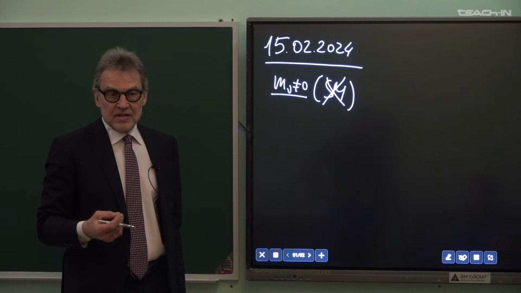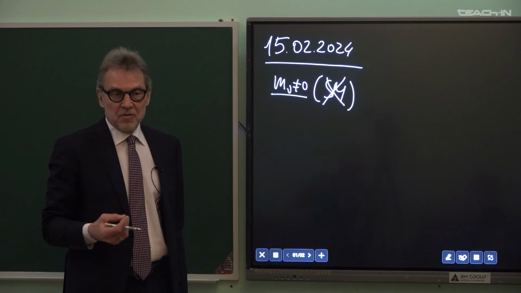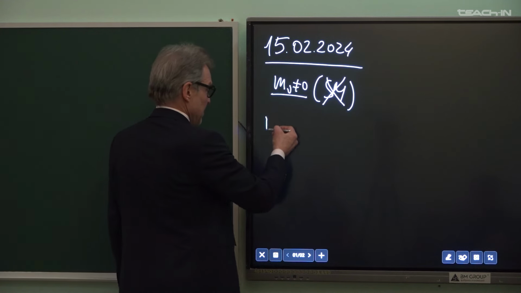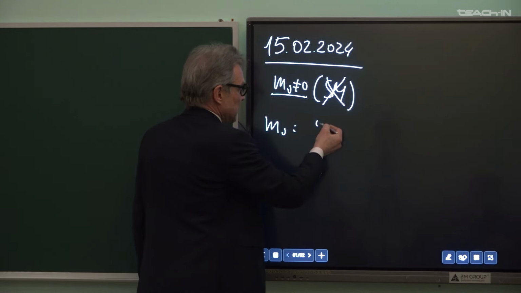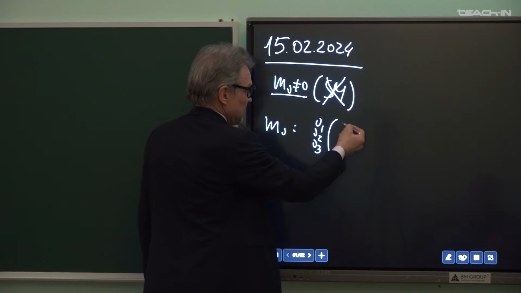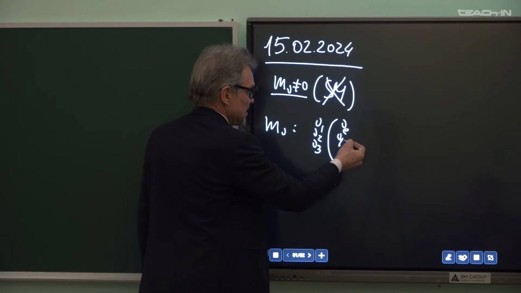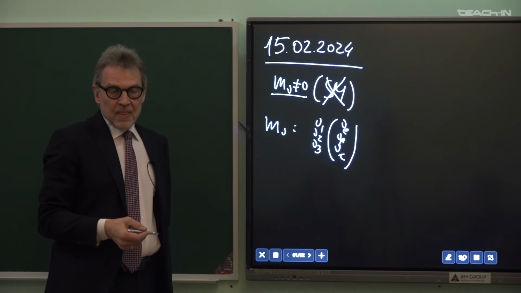So the present status of the mass of neutrino, as we have discussed: there are three different mass states and three different neutrino flavor states, each of which is a superposition of these mass states.